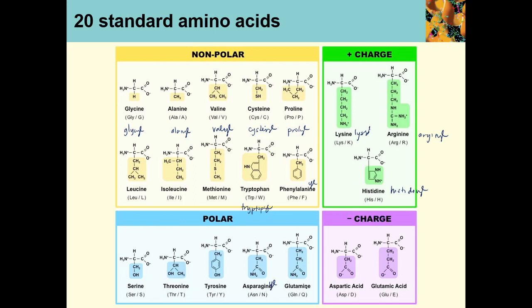Your glutamine will become glutaminyl. Your aspartic acid and glutamic acid, we will use the terms aspartate and glutamate. But since we need to change this to your YL, your aspartate here will become aspartyl.